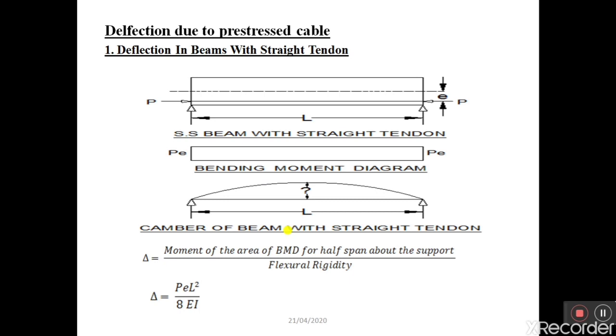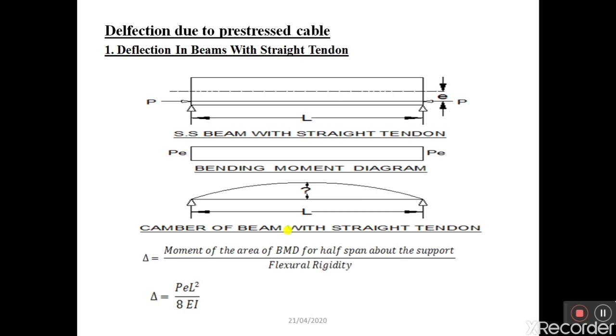During this process, the PSC members will undergo change in shape. That is, the PSC members will undergo auging bending moment, and the beam will undergo auging. Hence, there is a change in the shape of a beam due to the prestressed cables. Hence, we need to calculate the change in the beam. That is called deflection.